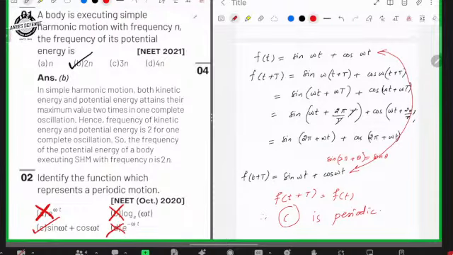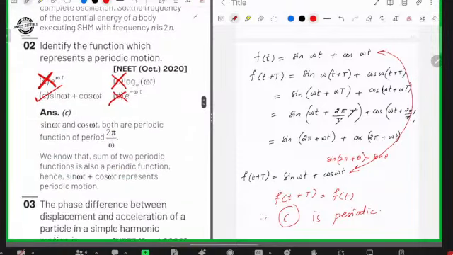No need to solve this much long. But still, we have solved it traditionally because you must know the concept. Whatever function contains sine function and cos function in addition or subtraction, the function is always periodic. Okay, beta, have you understood this? Moving to the next question.